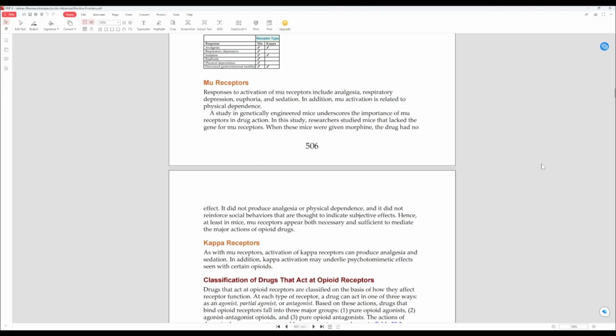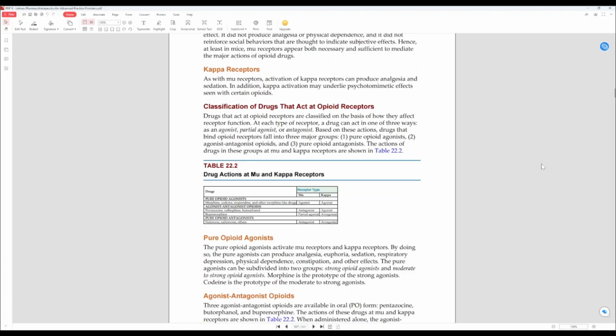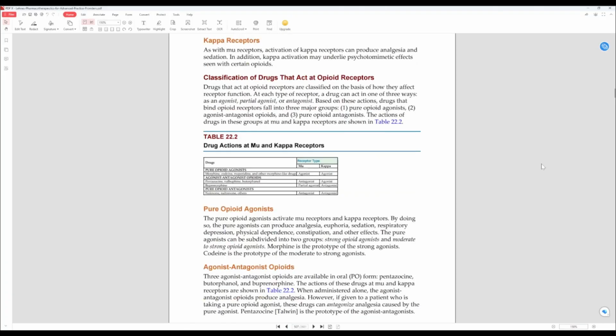When these mice were given morphine, the drug had no effect. It did not produce analgesia or physical dependence, and it did not reinforce social behaviors that are thought to indicate subjective effects. Therefore, at least in mice, the mu receptors appear both necessary and sufficient to mediate the major actions of opioid drugs.